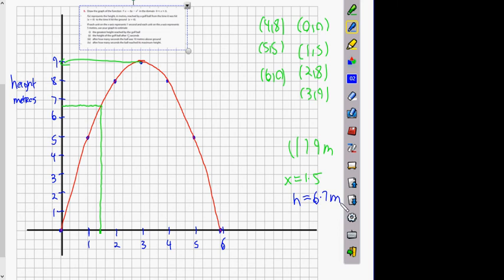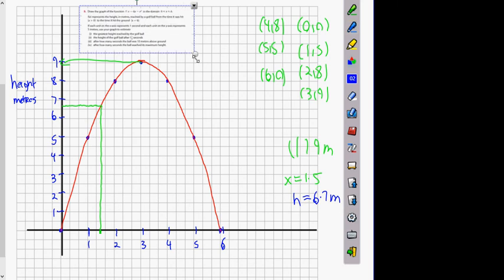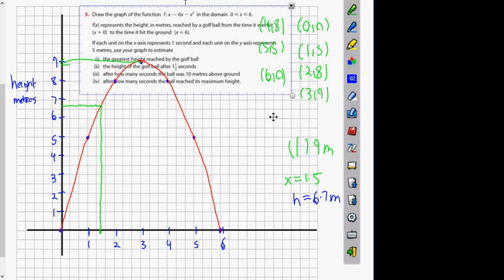Anybody else? What's the next question after that? After how many seconds was the ball 10 meters above ground? 10 meters above ground. Does that even happen? No. I don't think this time exists because the maximum height is 9 meters.